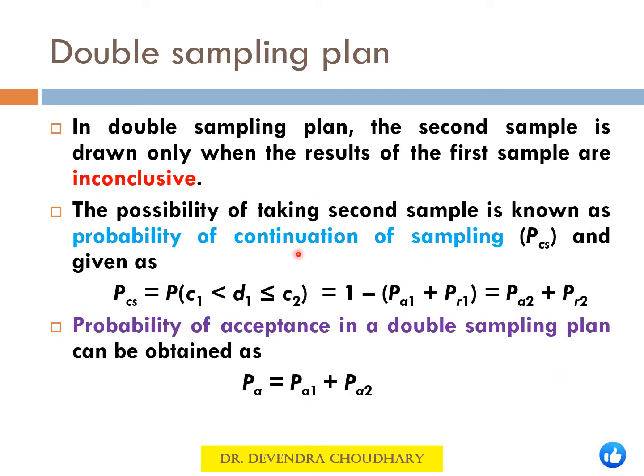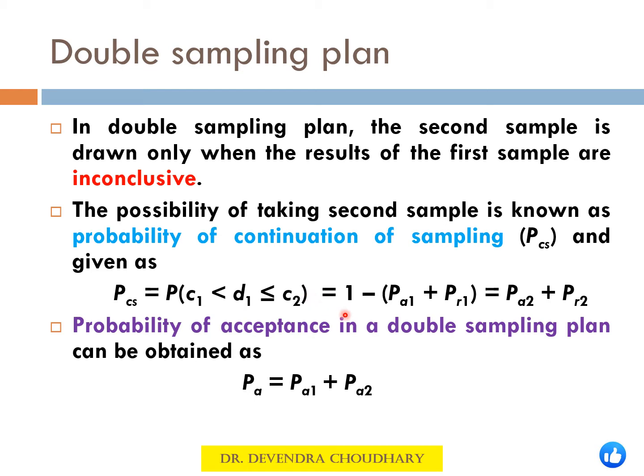The probability of continuation of sampling, denoted by P subscript CS, is the probability of finding the number of defectives in first sample more than acceptance number C1 but less than or equal to C2.